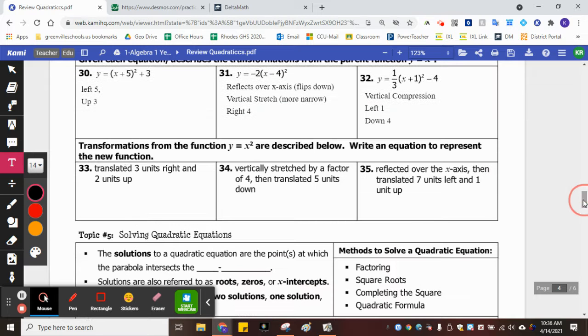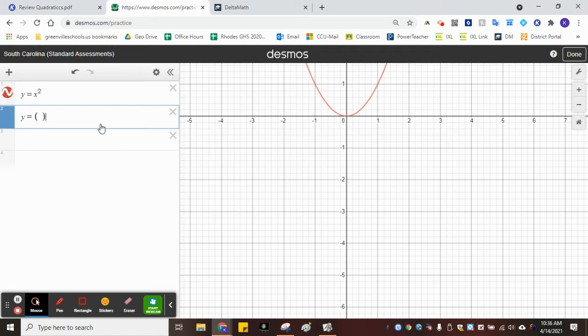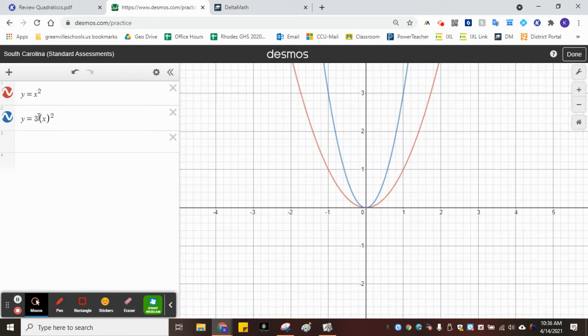So if I'm trying to go 3 units to the right and up 2, you're starting with your parent function because it says 2x squared. I want to go 3 units to the right and up 2. If you're not sure, you can just see where do I put 3? Well, that didn't move my graph up.